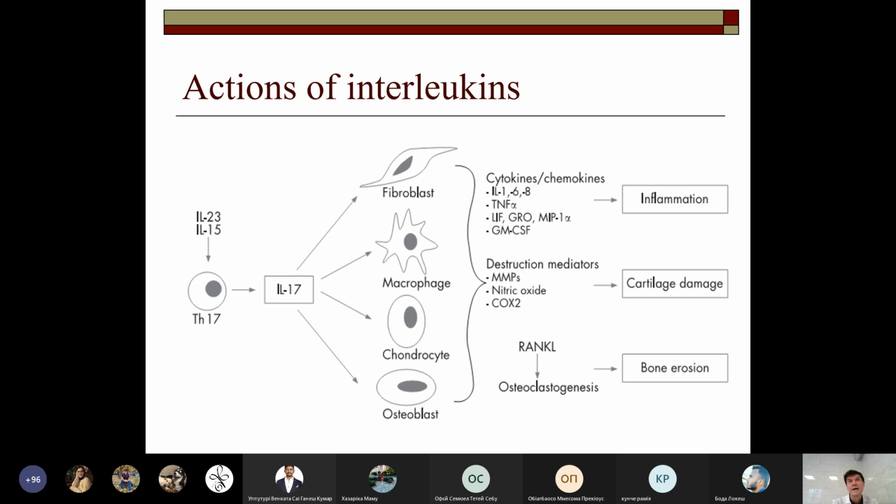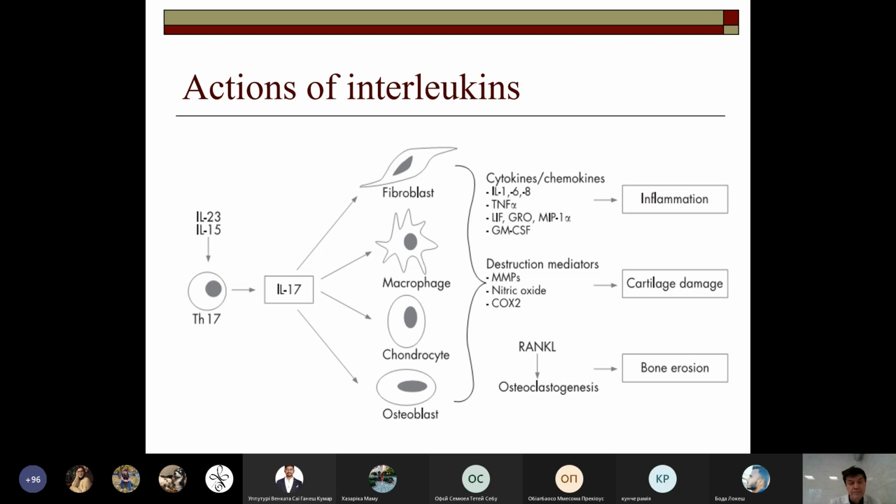Th17 T cells play a pivotal role in the regulation of the activity of fibroblasts, macrophages, chondrocytes, and osteoblasts. The wide spectrum of pro-inflammatory cytokines, enzymes, chemokines, RANKL and solubilized molecules are involved in the pathophysiology of local and diffuse inflammation, cartilage damage, and bone erosion.